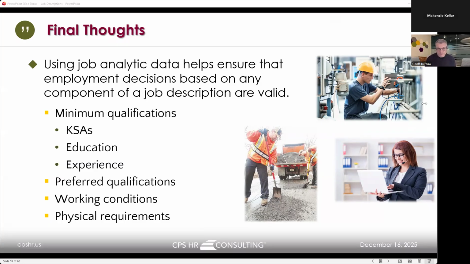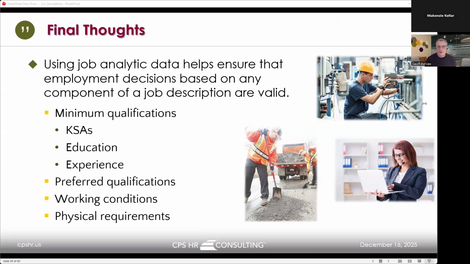So minimum qualifications should all be based ultimately on those KSAs identified as most important and needed upon hire. And then you've got statements of education and experience. Remember, the key to those is making sure that they are ways that someone would have gained those particular KSAs.